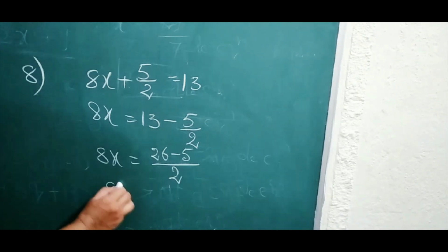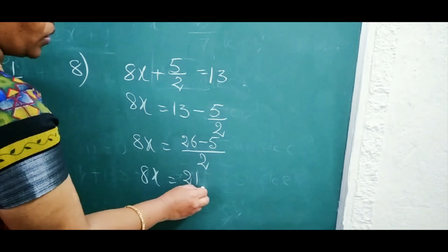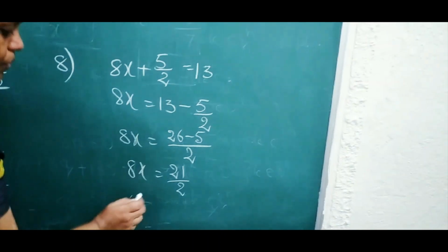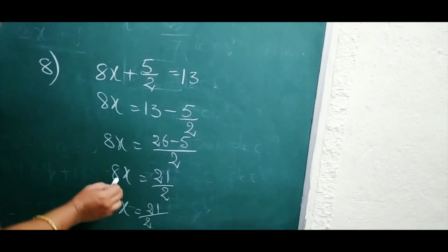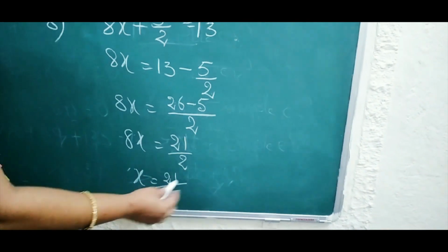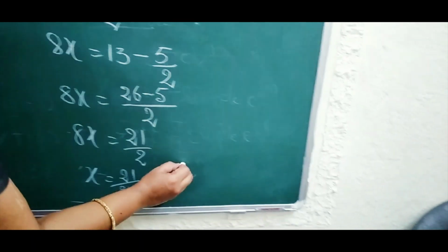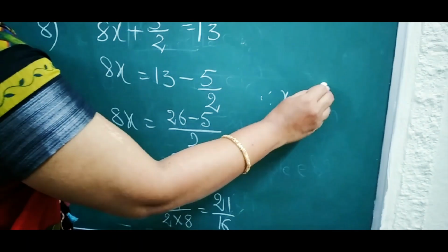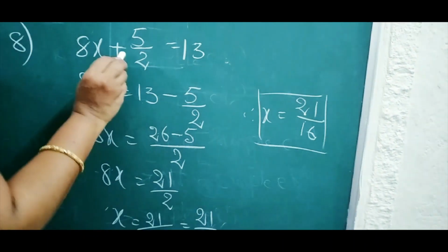Therefore, 8x is equal to 26 minus 5, how much? 21 by 2. Now, we want only the x value. This is in the relation of multiplication. So, transposing to that side we get division, 2 into 8, that is 21 by 16. Therefore, x is equal to 21 by 16 is the solution of this equation.